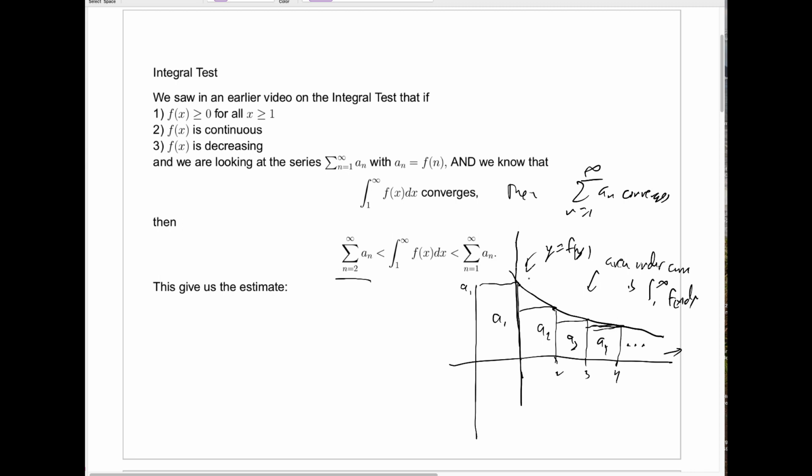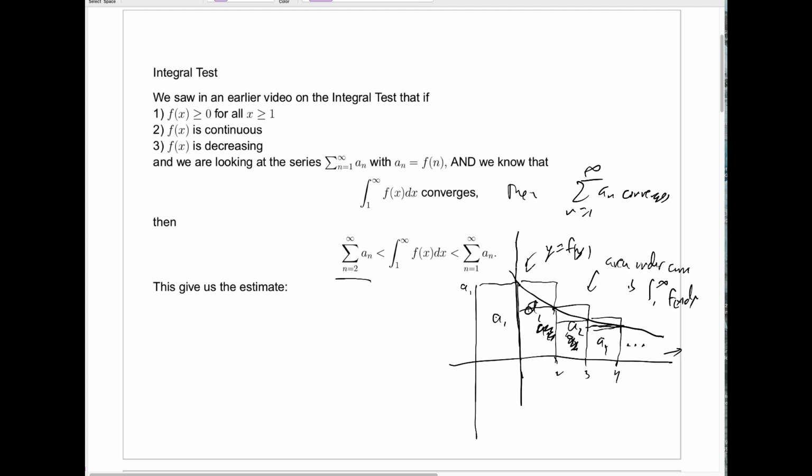However, if we consider boxes to the right here, then this bigger box has area a sub 1. A sub 1 for the bigger one. Again, we'll do this, and now we'll have a sub 2.